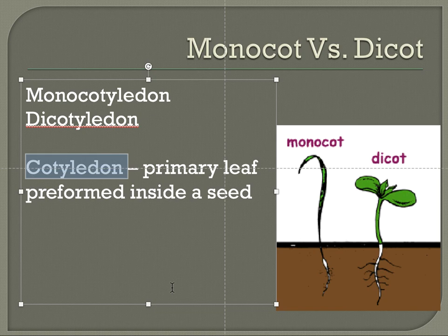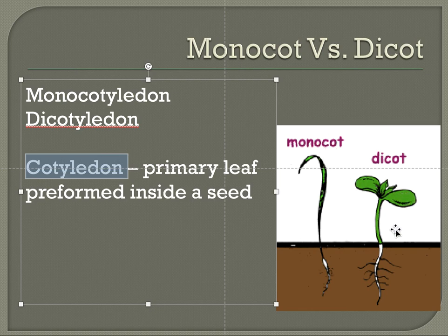There's a group of plants that make two of those leaves, so dicotyledonous or dicotyledons, or for short, dicots. There are a group of plants that only make one of those cotyledons inside a seed, and those are referred to as monocots.